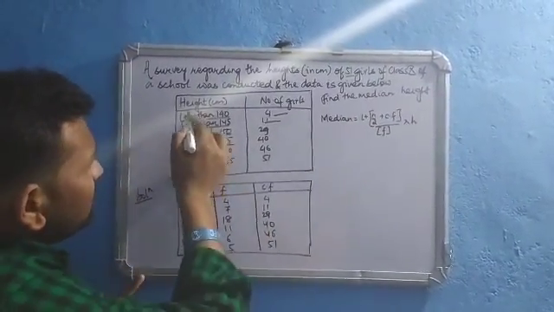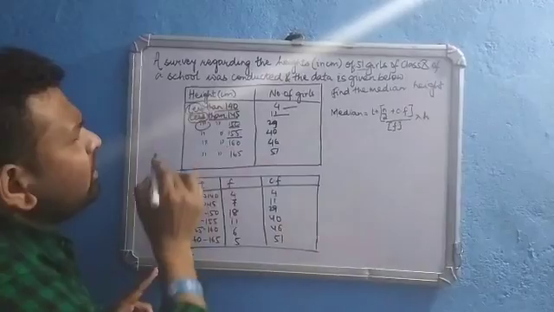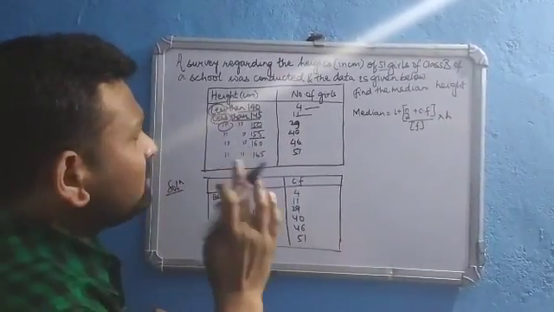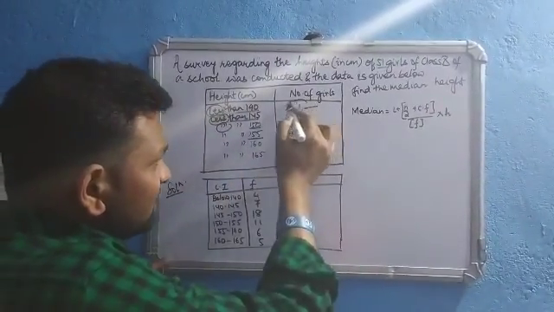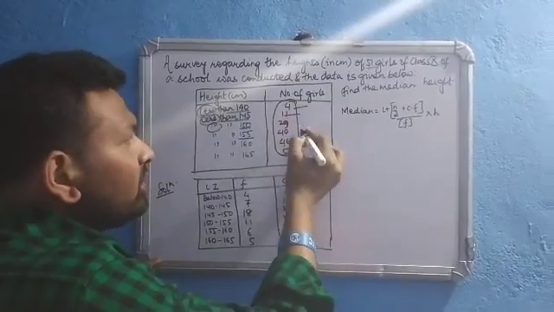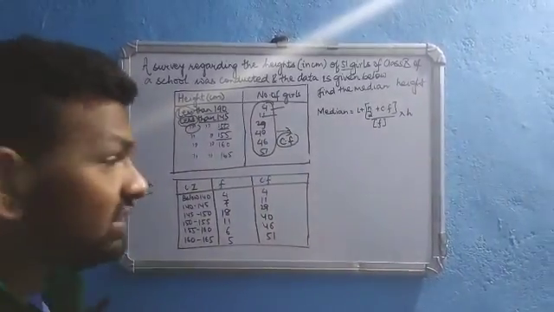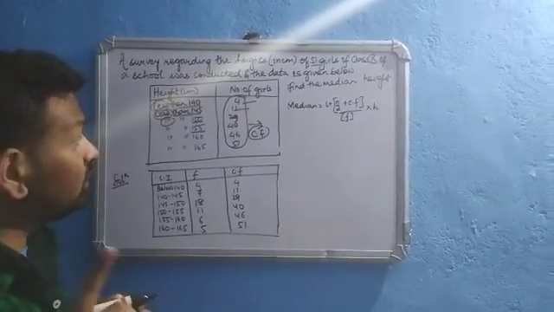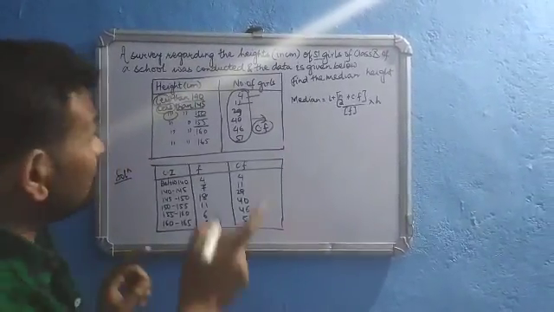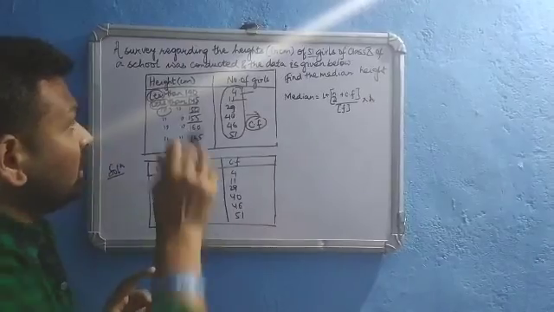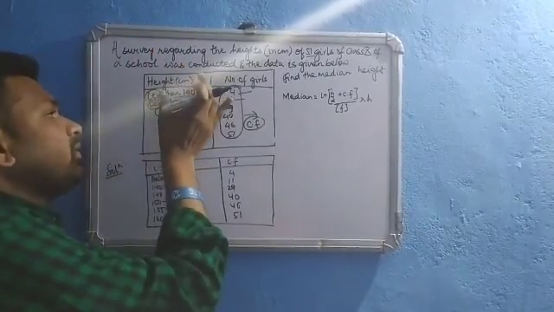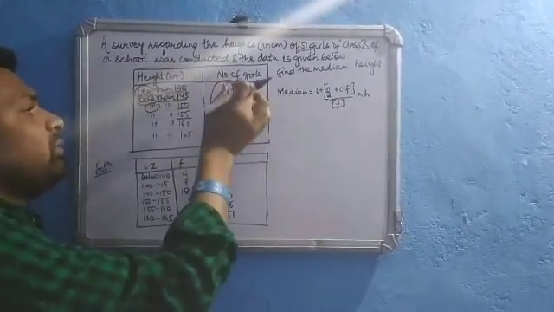Now once you see it is written less than, what does this mean? This means whatever is given here is not your frequency but your cumulative frequency. How do you know this? Because in the preceding lecture, when we discussed less than type and more than type, that was our discussion. The number of girls whose height is less than 140 is 4.